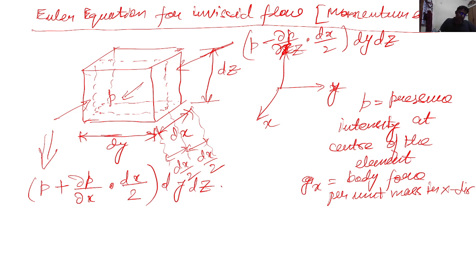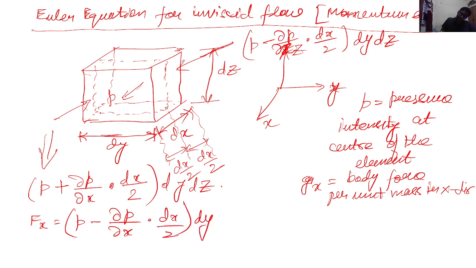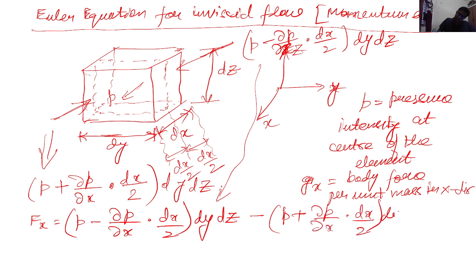So just combining it, we can write the net force in the x direction to be P minus del P by del x times dx by 2, converting this pressure into force by multiplying it by area, minus, because it is acting in the opposite direction, towards the body, P plus del P by del x times dx by 2 into dy dz.